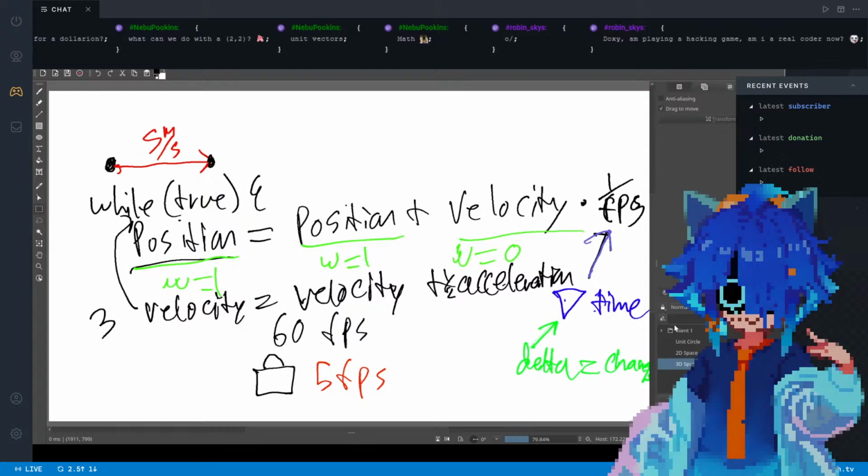You have to split the applications up. I may talk about some math for physics at some point, and we'll talk about why you would have to split the velocity in half. But that's unfortunately outside the scope of today's lecture. Are there any questions from anybody?